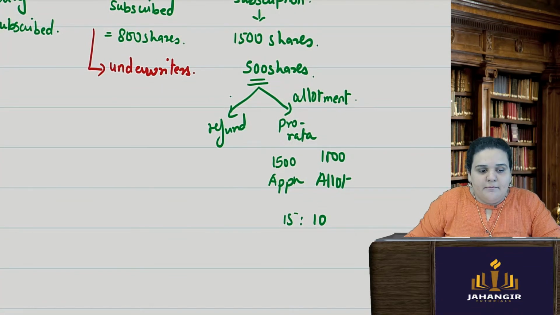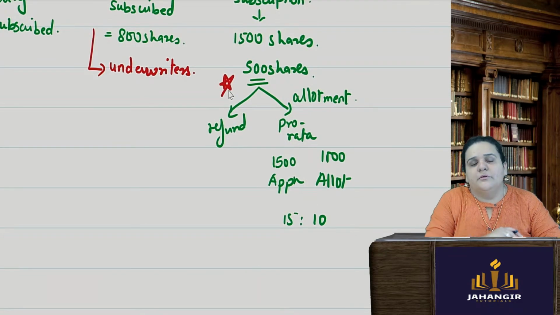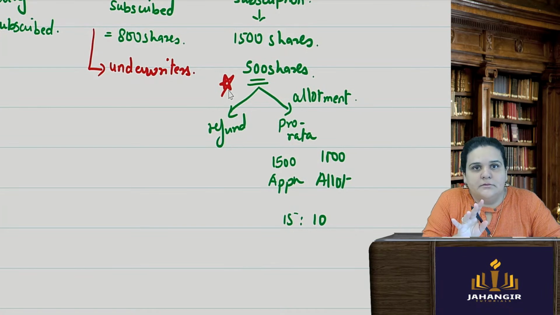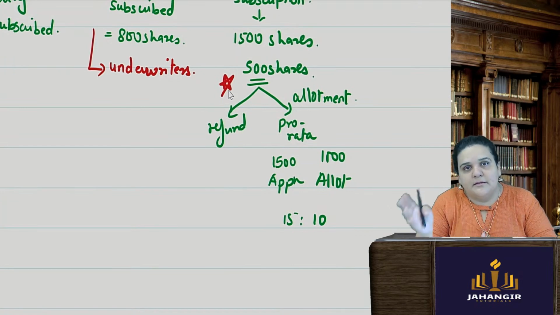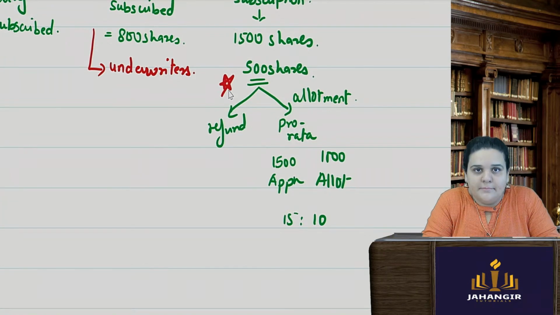This is a very, very important concept from your MCQ point of view. Almost all the sums are based on this: receiving extra money at the time of application, adjusting it at the time of allotment, or refunding it at the time of application itself. We will solve the exam questions and you will get practice.